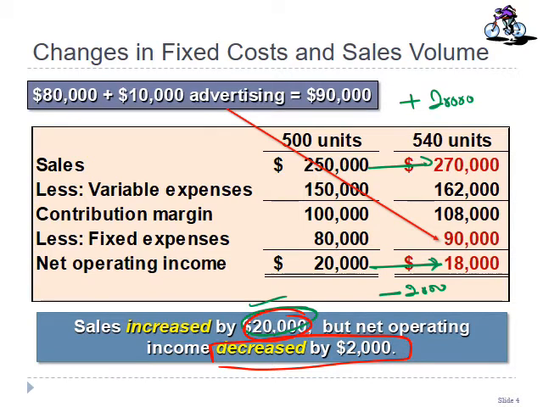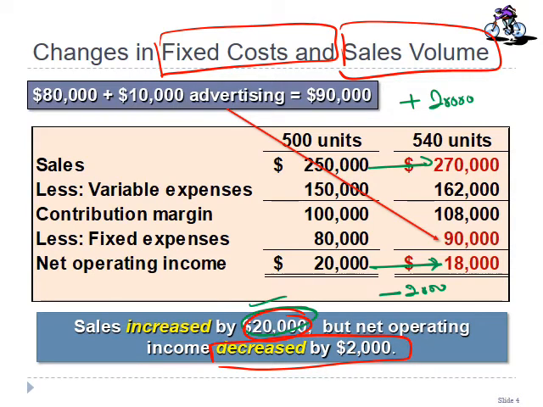So the advertising campaign certainly would not be a good idea. So we can help management see the problem before any additional money is spent, right? By looking at the cost volume profit analysis, you can see the relationship between fixed cost and sales volume, and you can say that fixed costs play a very vital role in response to change in net operating income, right?